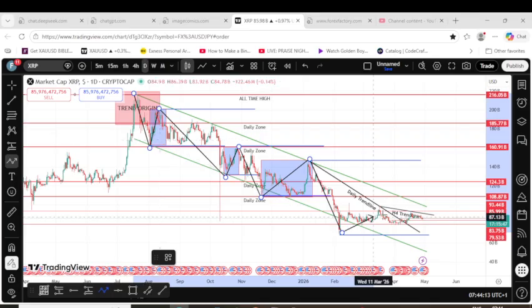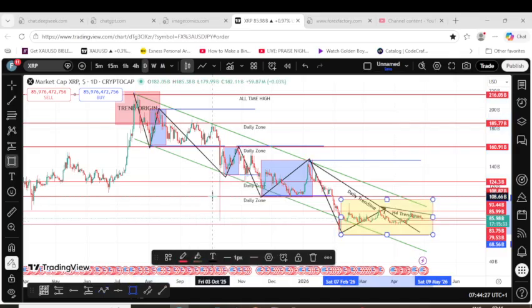What's the purpose of that? So that I can study exactly how price moved in these regions, and then project that price movement onto our current price movement. Let's make it yellow for the sake of differentiation.